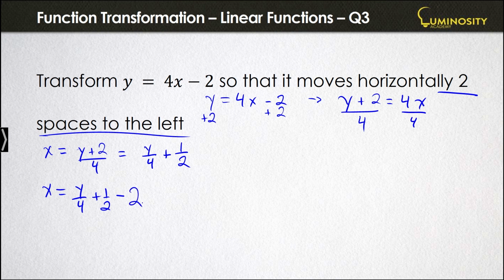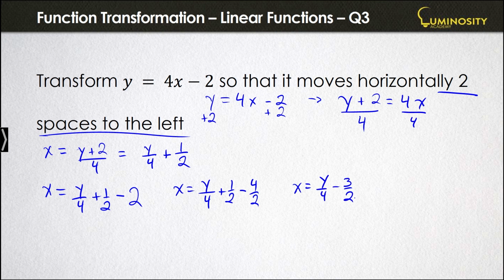So now we need to convert this into our fractions and see where we go from there. So we have x equals y over 4 plus 1/2 minus 4 over 2. So 1/2 minus 4 over 2 is the same thing as saying x equals y over 4 minus 3 over 2.